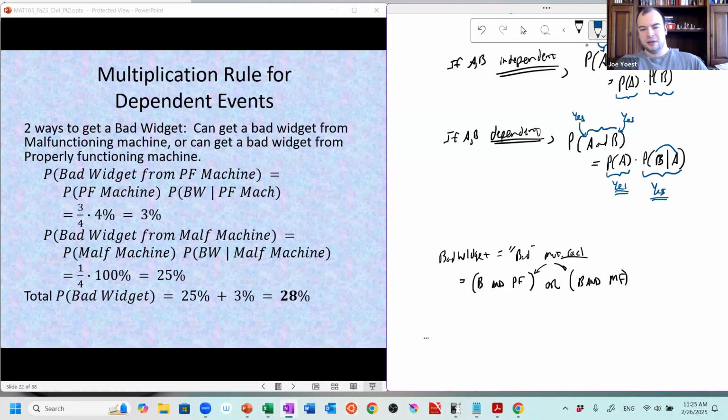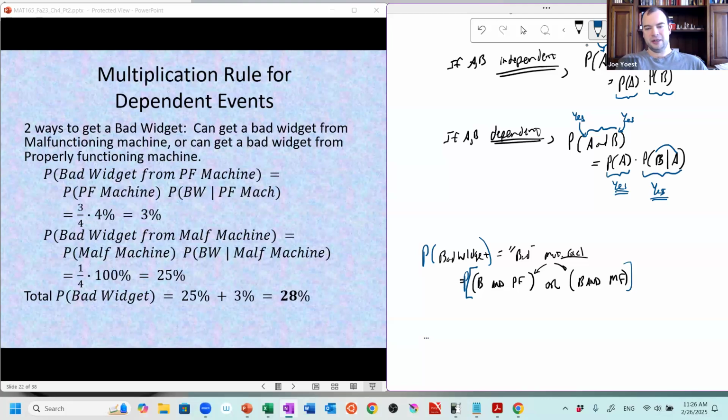Well, then the probability of a bad widget is the probability of a widget that is both bad and from a properly functioning machine, which we'll call a bad widget from a properly functioning machine, or a widget that's bad and from a malfunctioning machine, which we'll call a bad widget from a malfunctioning machine.